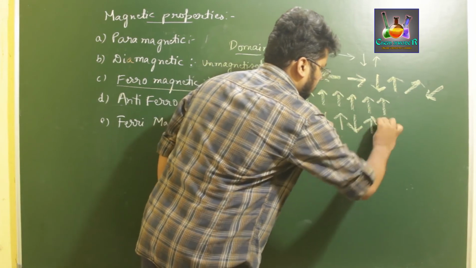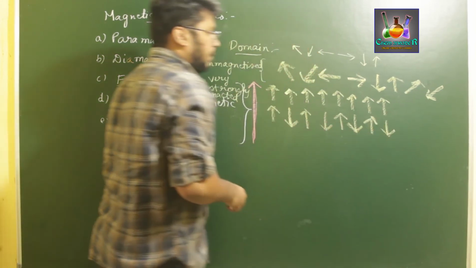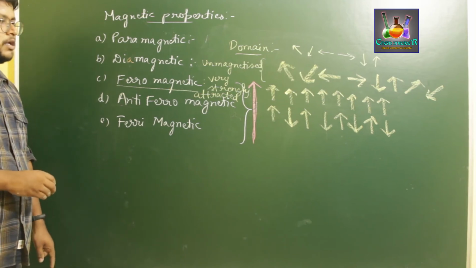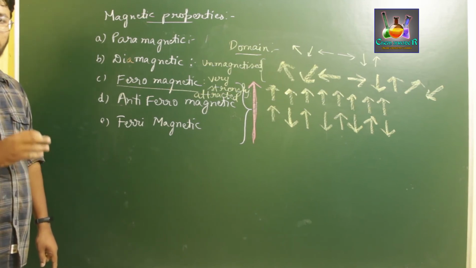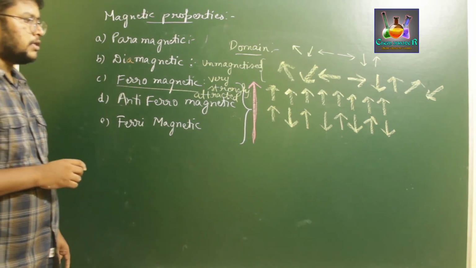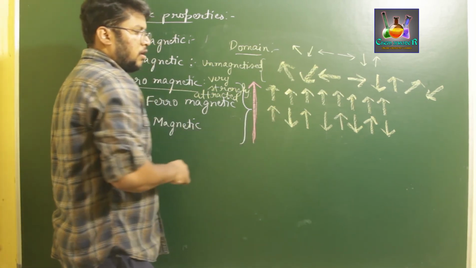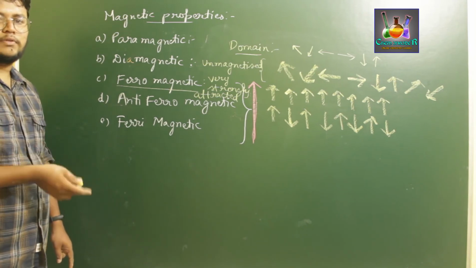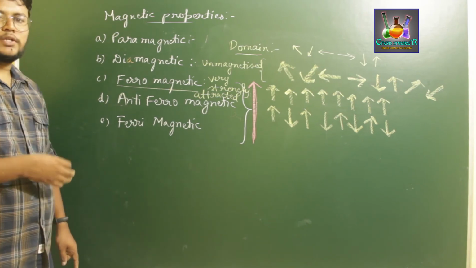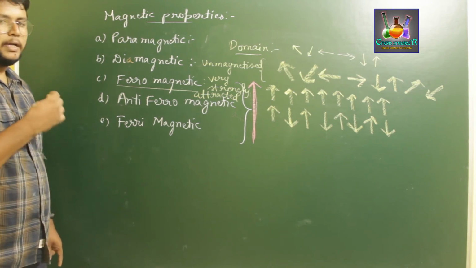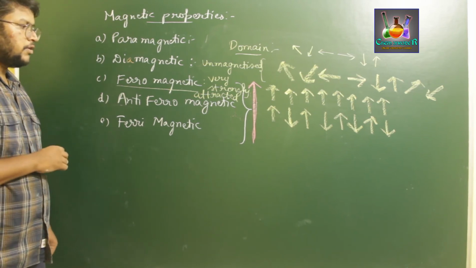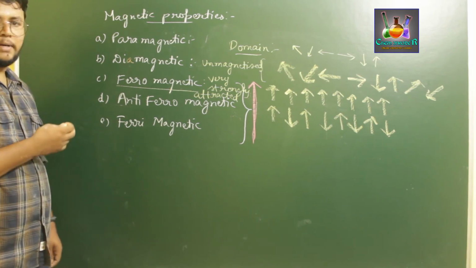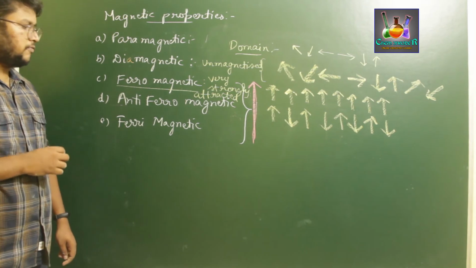So this makes the antiferromagnetic substances the least attracted towards the magnetic field. Antiferromagnetic substances arrange the domains in the opposite order with equal number, causing them to neutralize one another, resulting in zero attraction towards the applied magnetic field. So antiferromagnetic substances will not be attracted much by the magnetic field, even compared to diamagnetic.